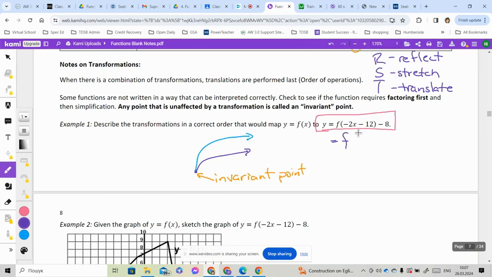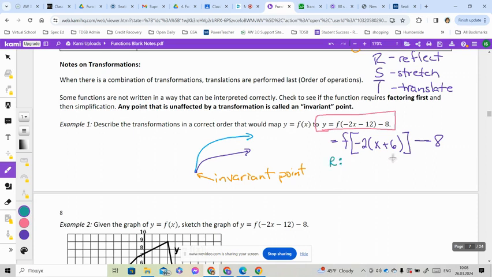So you keep the f there, you factor out the -2, and what we'll notice is it looks different and it affects our transformations differently.